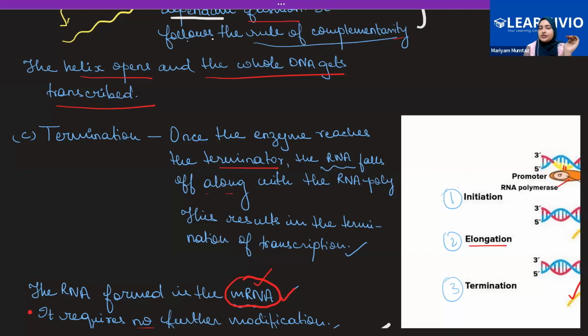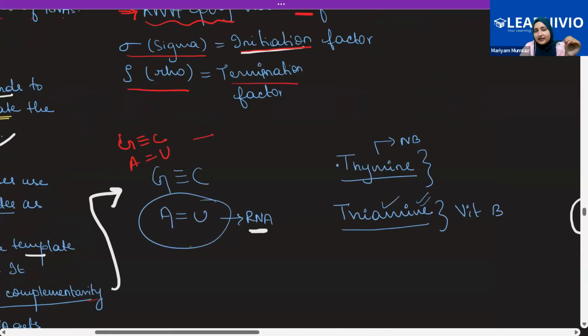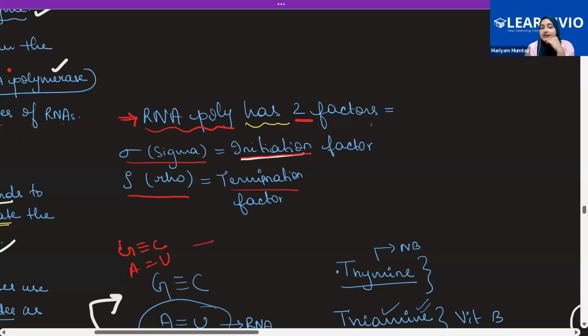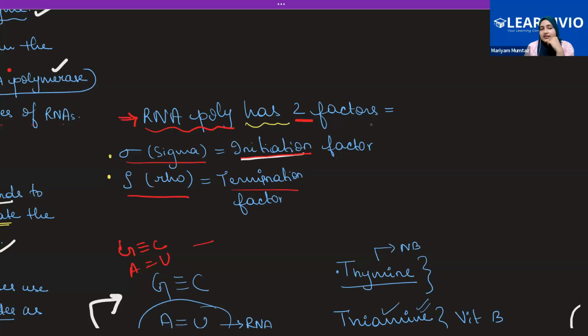And that is how the process of transcription stops. Always remember, RNA polymerase has 2 factors, sigma factor and rho factor. Sigma factor is the initiation factor that will begin the process of transcription. And the second is the rho factor, which is called the termination factor. And what is it going to do? It is going to end the process of transcription. Is it clear to everyone?